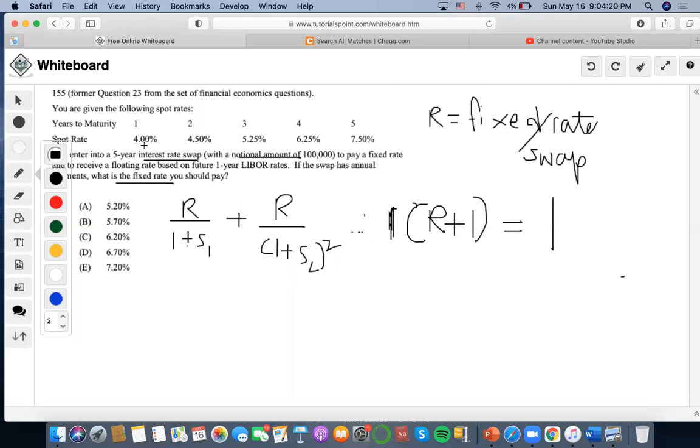So now they're giving us all these spot rates, and we're just using this equation.